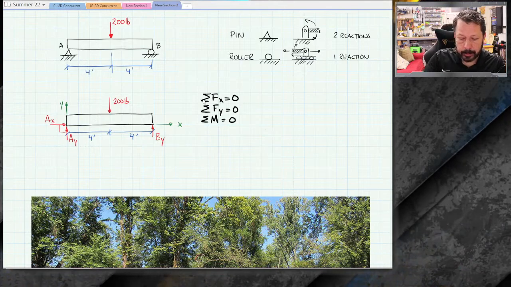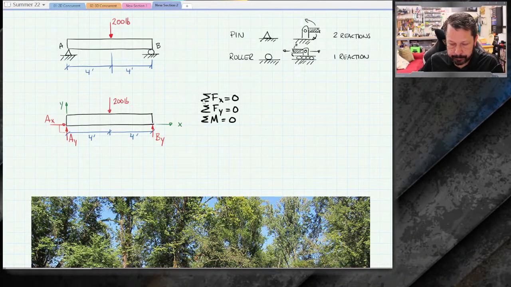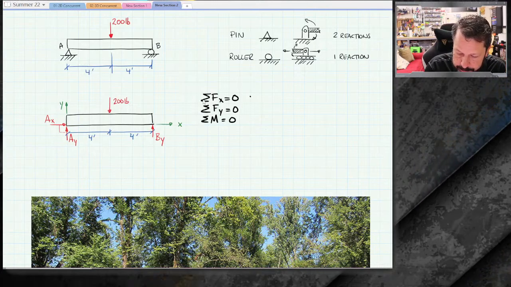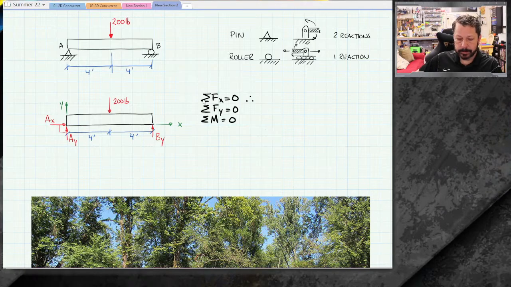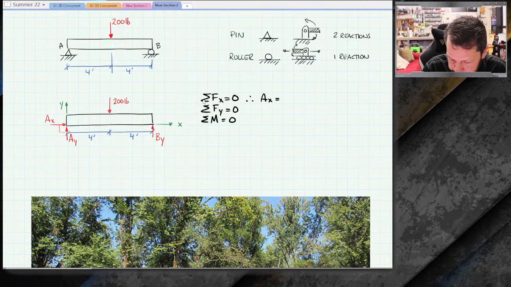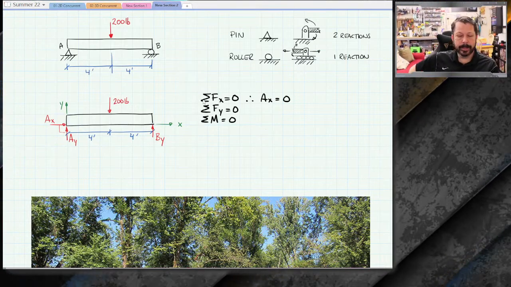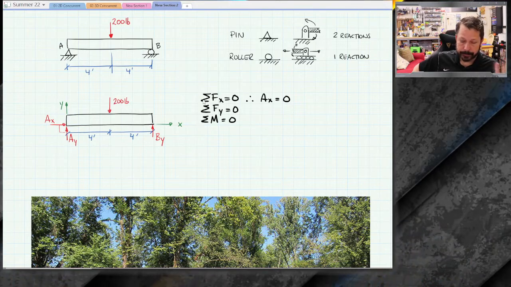So I can apply these equations in any order I want. I can look at the first one and say, if all the forces in the x direction have to add to 0, AX has to be 0, because it's the only one in the x direction. If there's only one and they have to add to 0, it has to be 0.